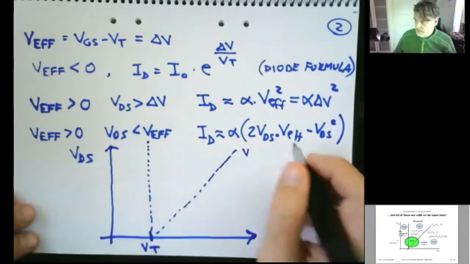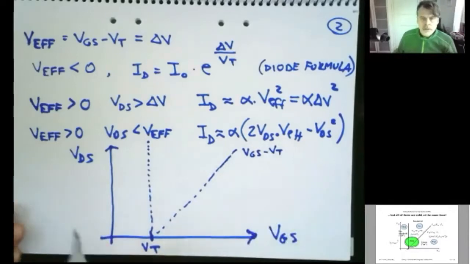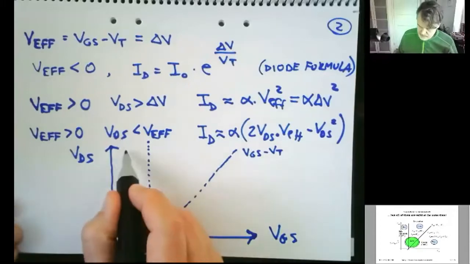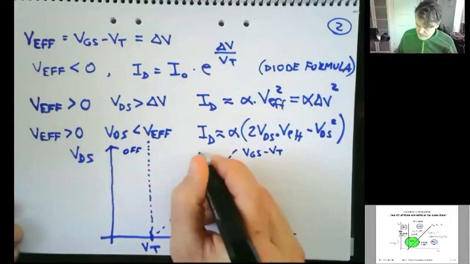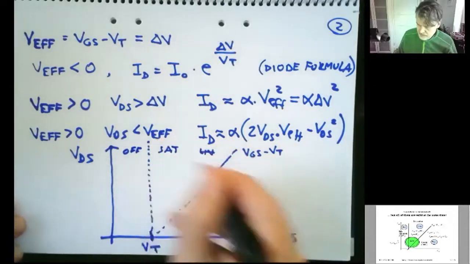This is now VGS minus VT here. Okay, so we have three operating regions. We have off, we have saturation here, we have linear here.